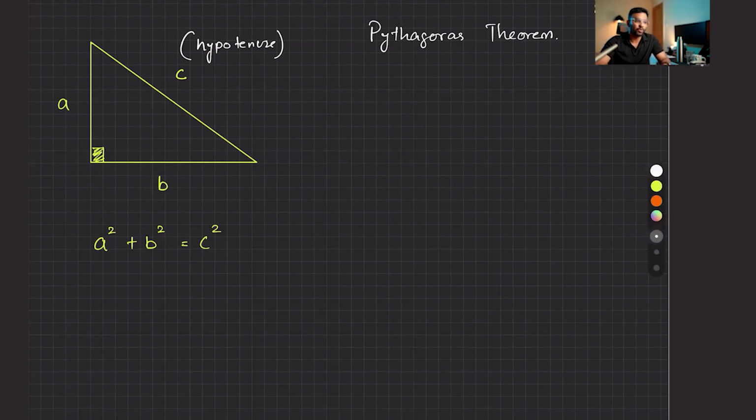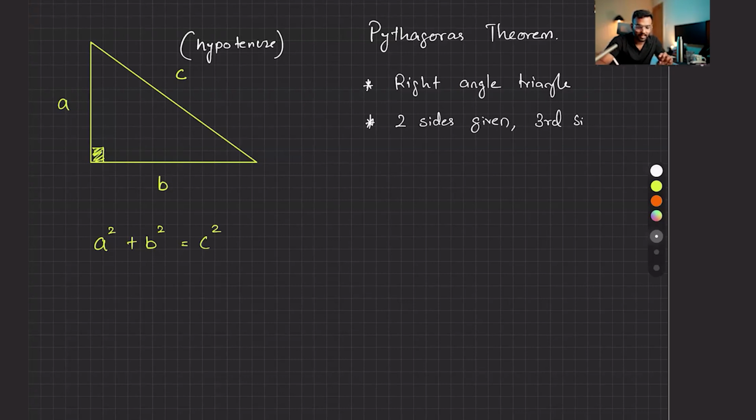But there are certain rules for when you need to use Pythagoras. Number one, you apply this only on a right angle triangle. Number two, two sides will be given and the third side is missing, and they will ask you to work out the third side.